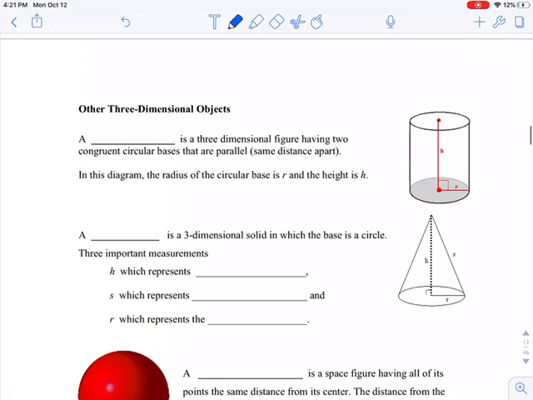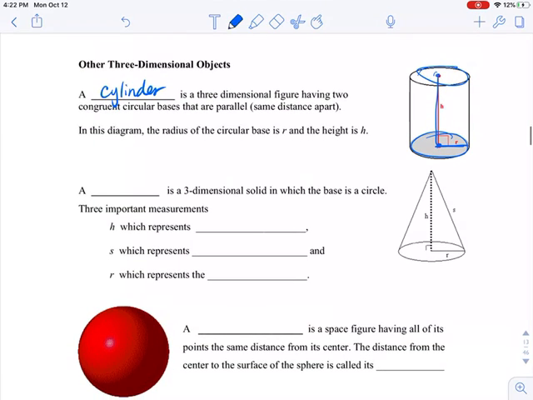Some other three-dimensional solids. This is a cylinder. It has two circles, and like other circle properties, it has a radius, and then the height goes from the center to the center. This one, think of an ice cream cone.